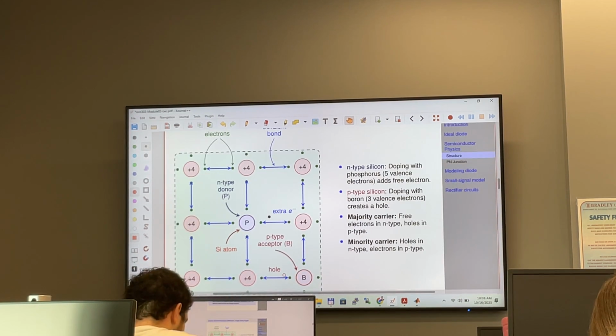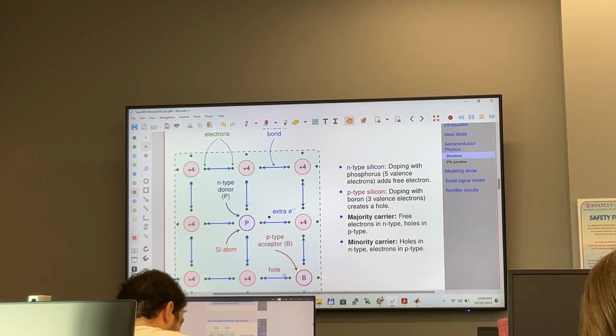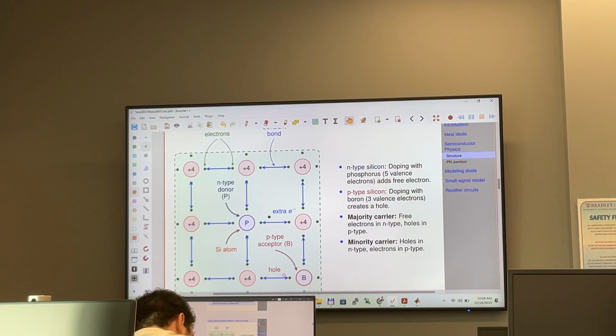But anyway, here we are going to see the application. You add phosphorus, which means that you are adding an extra electron to that silicon lattice. As simple as that. You add boron, symbol B, which means you add a hole, a positively charge carrier.